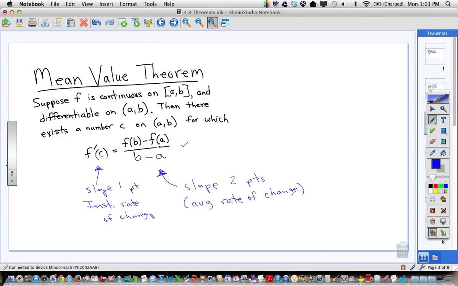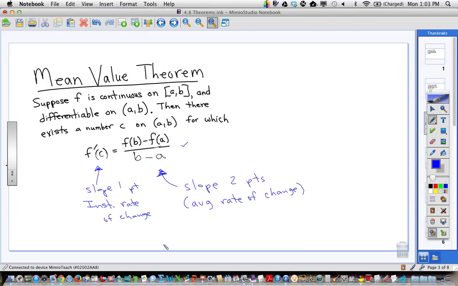Now, what this is saying is that if a function is continuous and differentiable, nice and smooth and nothing weird going on, then there has to be some number on the interior where the slope at that point is the same as the slope between the two endpoints.